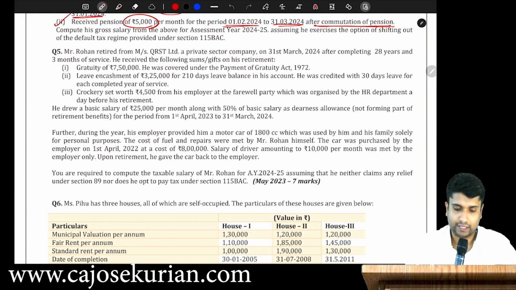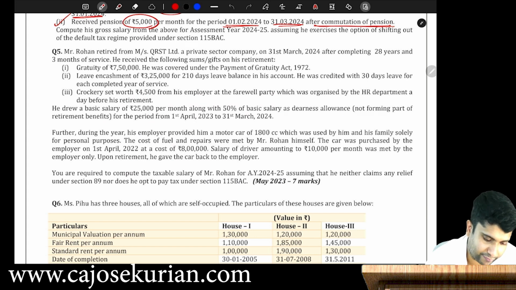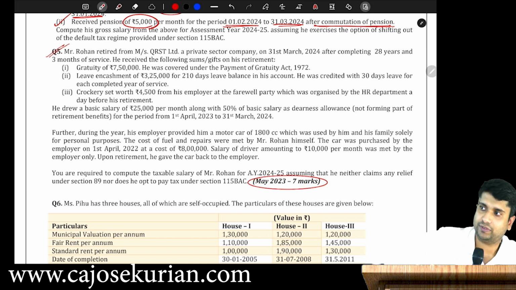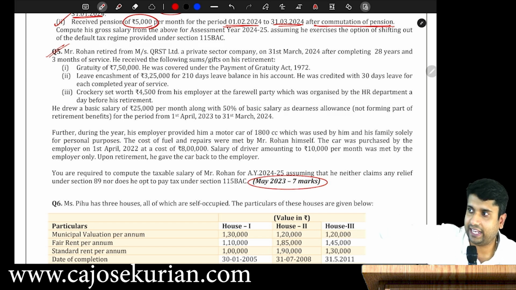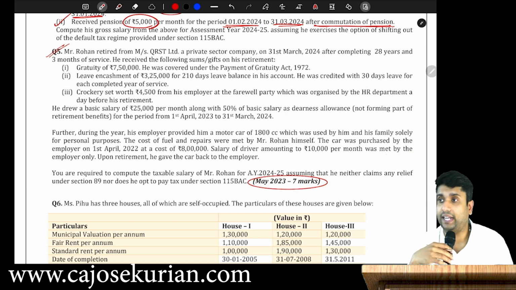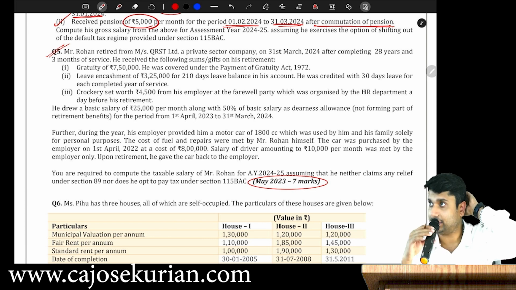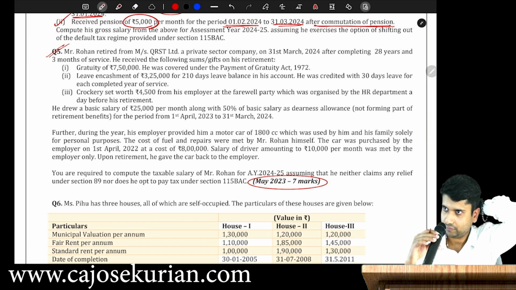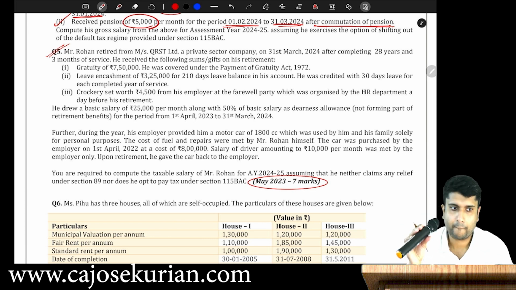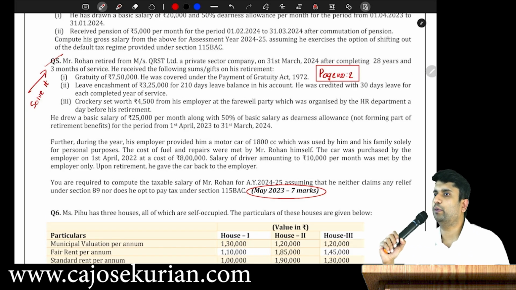So can you please go through question number 5 and give me the answer? This is May 23. What's the weightage? 7 marks, May 23. Salary head question, okay? Just go through this. So shall we do it together?